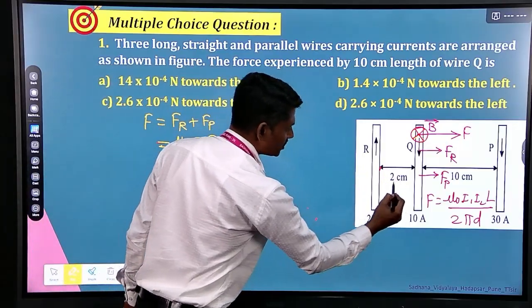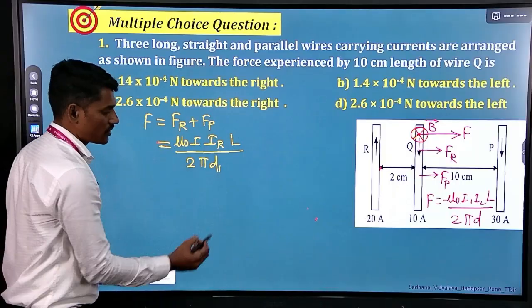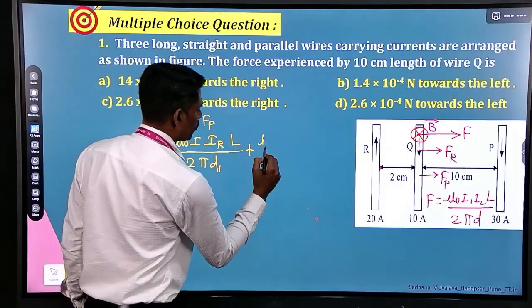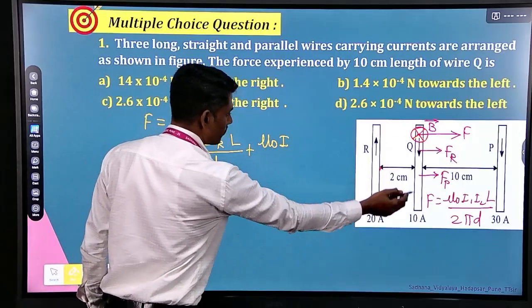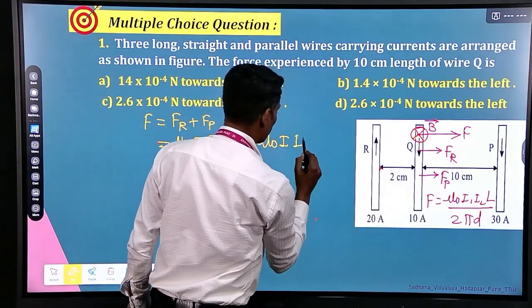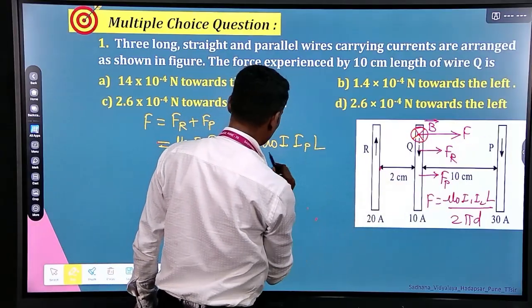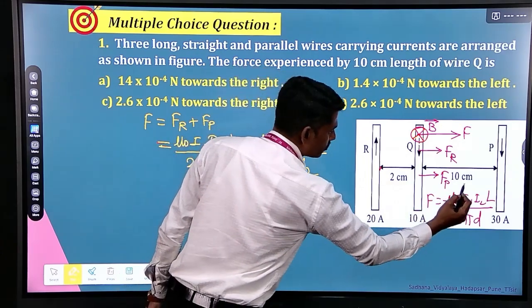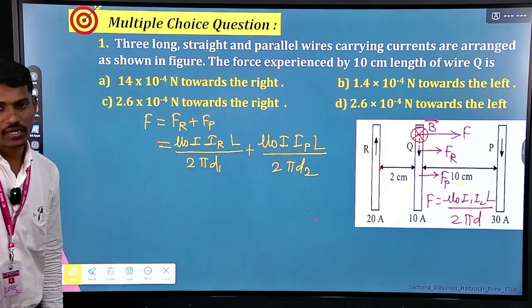That means this distance is suppose d1, right. Now, what is the F P? Here we get F P is equal to μ0, the current flowing through the wire Q is I, the current flowing through the wire P is suppose I P, the length of the wire Q is L, divided by 2 pi d2. What is d2 here? d2 is the distance between the wires P and Q.